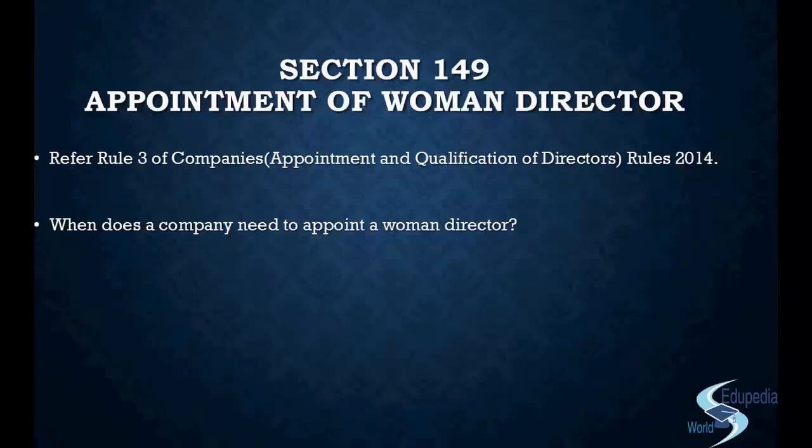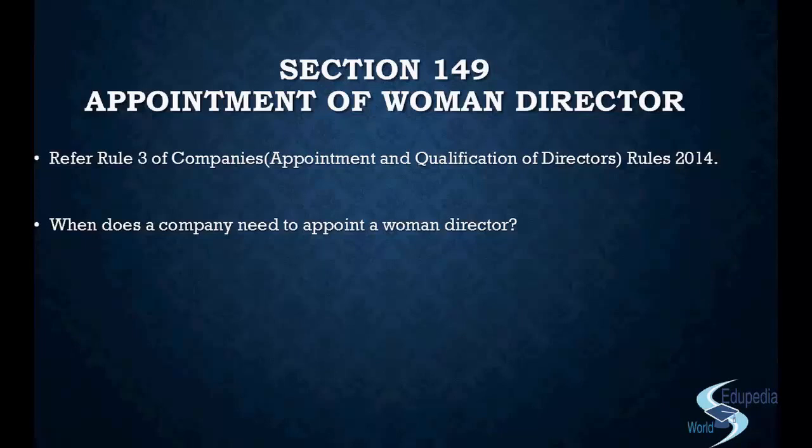So as per the provisions of the Act, any company that comes into incorporation after the enactment of Companies Act 2013, and that company, if it has a capital of greater than 100 crores, it will have to elect a woman director in the coming next 6 months.